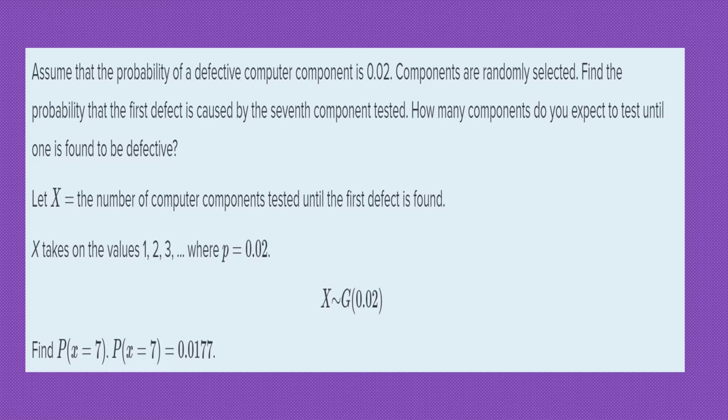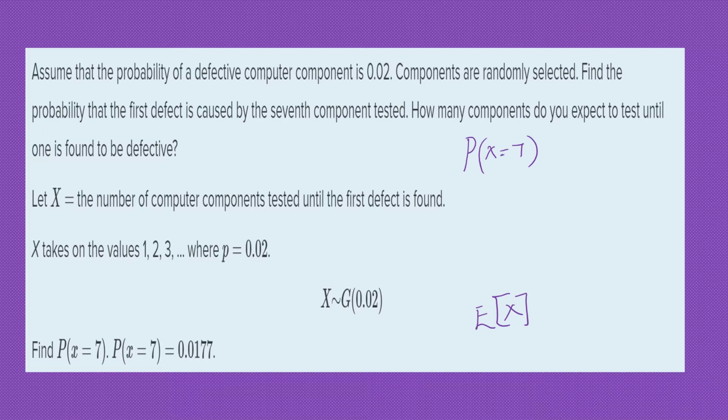That is, you're asked to find P of x equal to 7. And also, how many components do you expect to test until one is found to be defective? That is, you are asked to find the expectation of x.